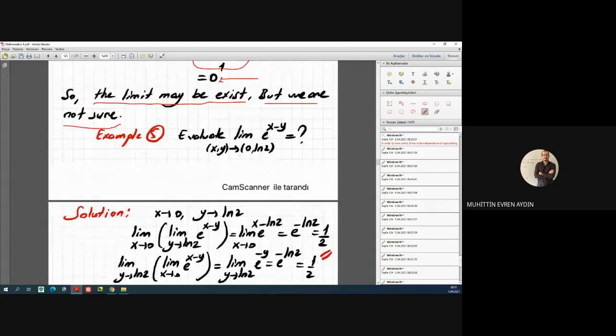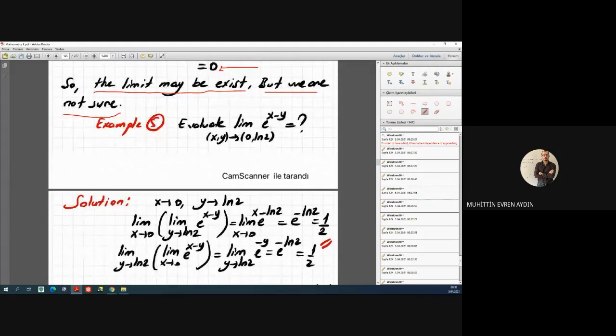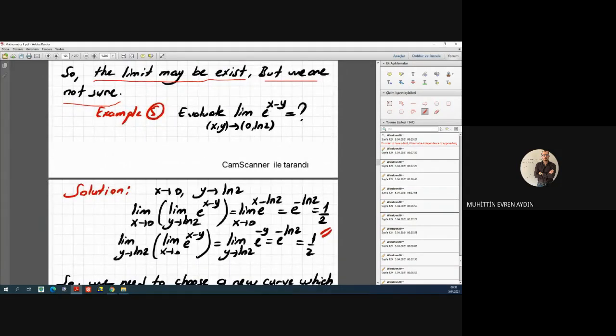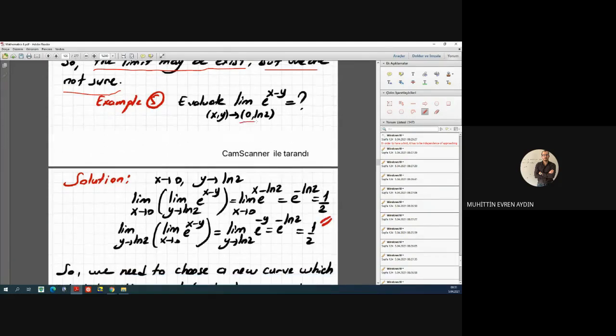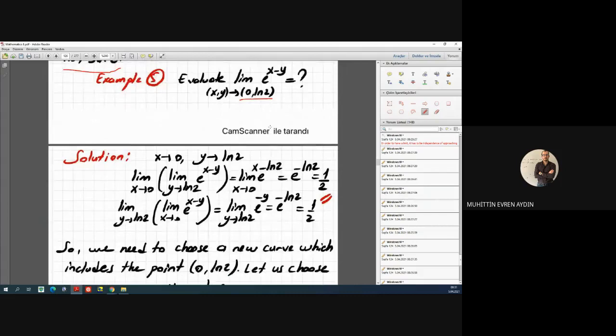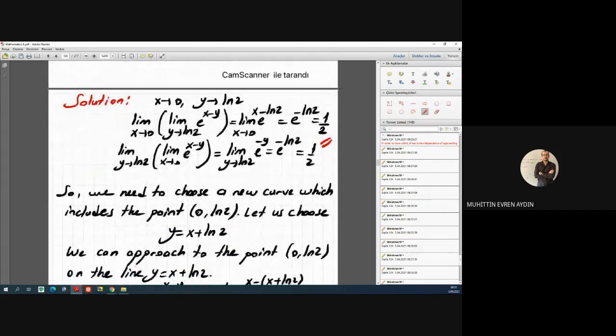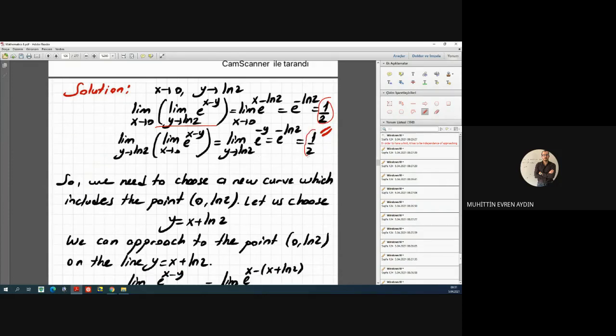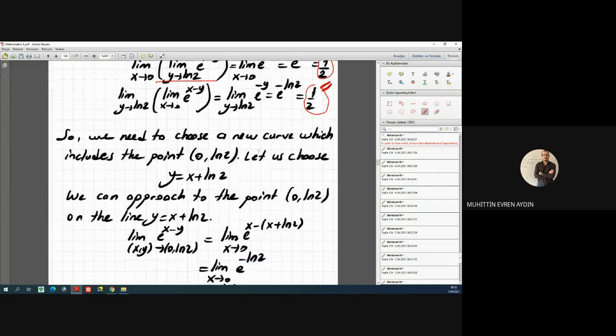Another example, we have a function e to the x minus y, and our point is 0, logarithm 2. Yes, at first in this approach, we obtain 1 over 2, and similarly we may obtain again 1 over 2. So we have to choose another direction.